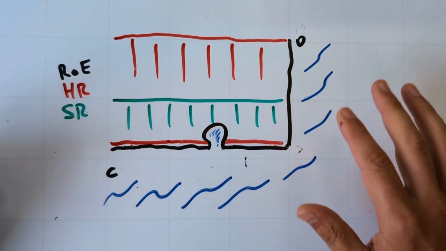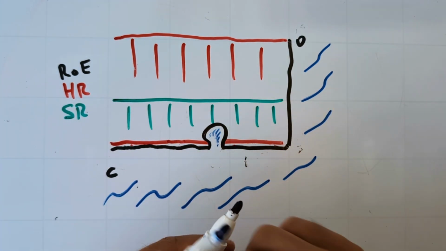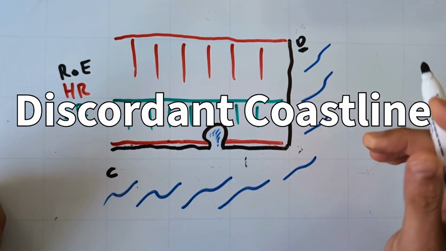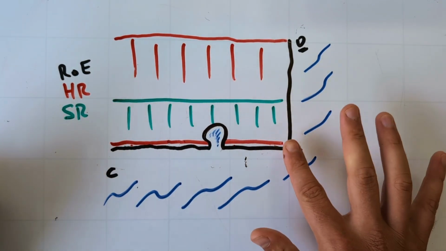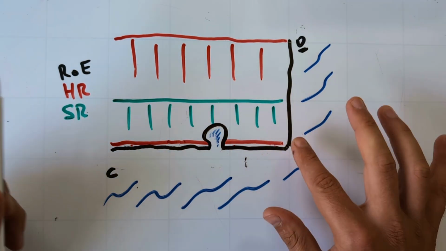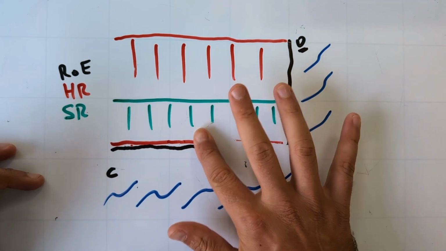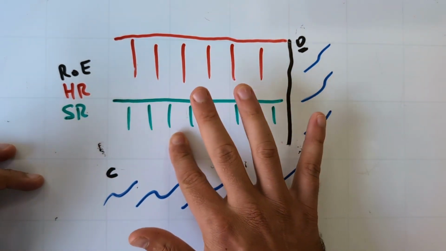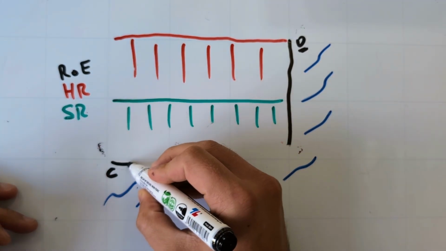Now, we have our discordant coastline. So let's focus up here on our discordant coastline. I'm just going to quickly rub this out. Go back to our old coastline, go back in time.